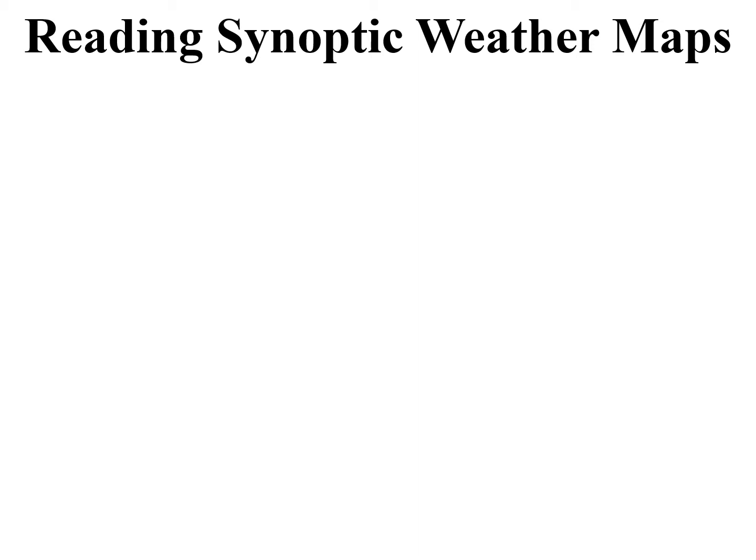Today we're going to be looking at reading synoptic weather maps. Now, what is a synoptic weather map? That word synoptic certainly sounds tough, but it comes from the word synopsis. If you think of what a synopsis is, it's an abbreviation. If you have to write a synopsis of a chapter in a book, you're writing a short summary of what occurred in that chapter.